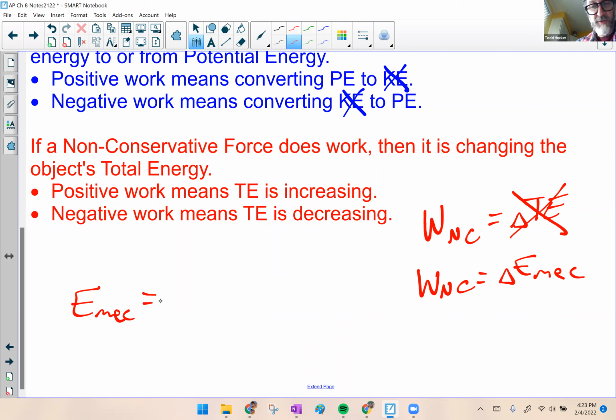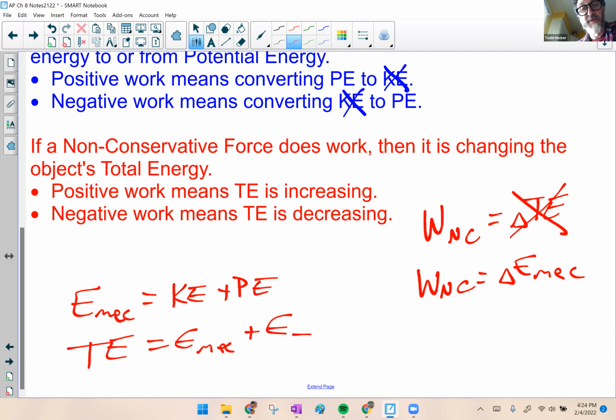That just means kinetic energy plus potential energy. Total energy would be both forms of mechanical energy plus thermal energy, in other words, heat. When I ran through this in honors, I never really talked about heat energy, and honestly, it comes up very rarely, even in AP physics. We'll talk about that more next unit.